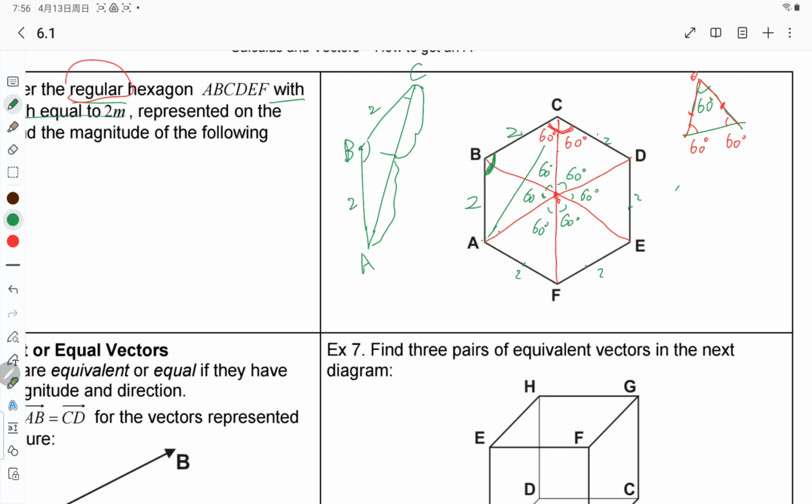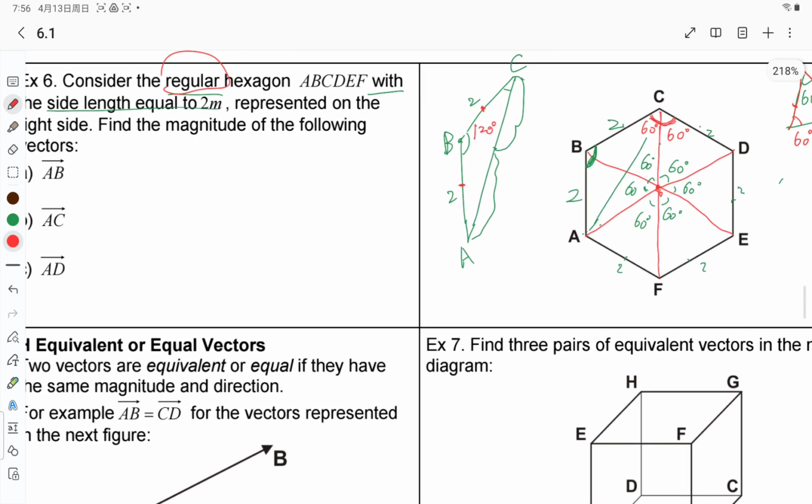This angle, yeah, so if you guess it is 120, right? Yeah, and then you know that this side, side BC is 2, side BA is 2. Yeah, and then what about AC?